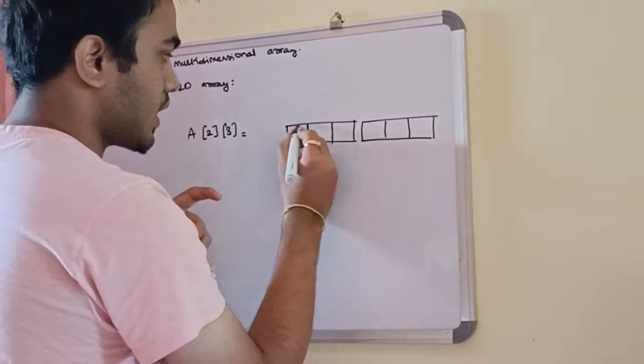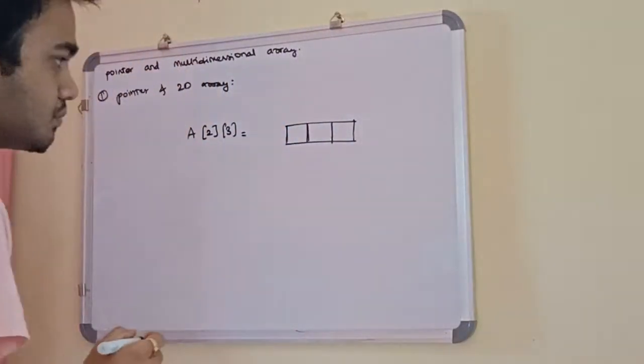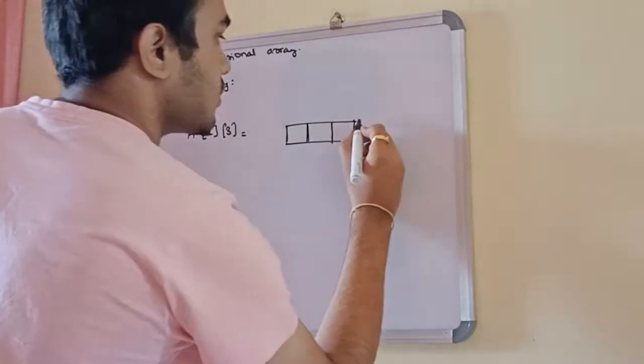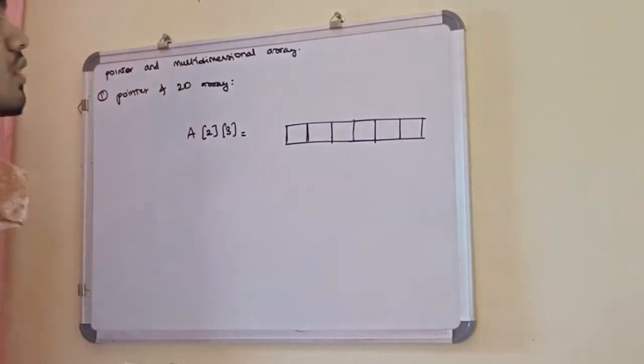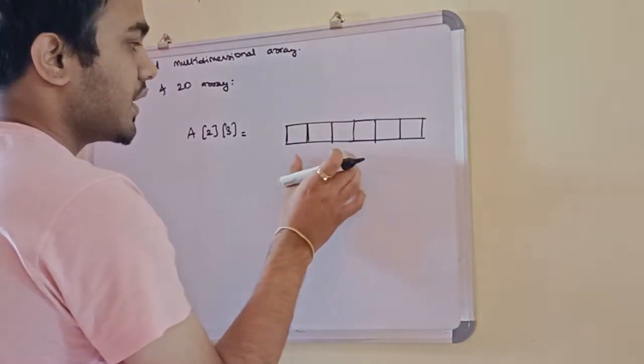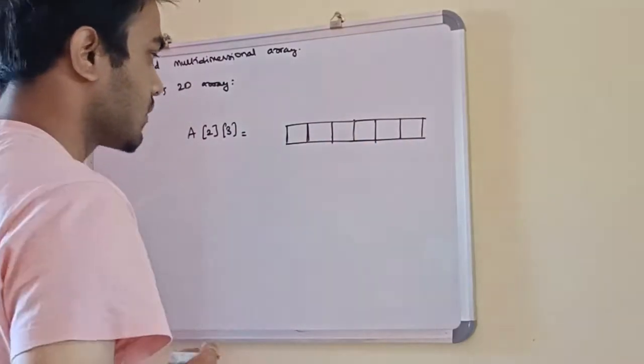And now this is continuous. Both the 1D arrays are continuous, and this complete thing is called a 2D array.